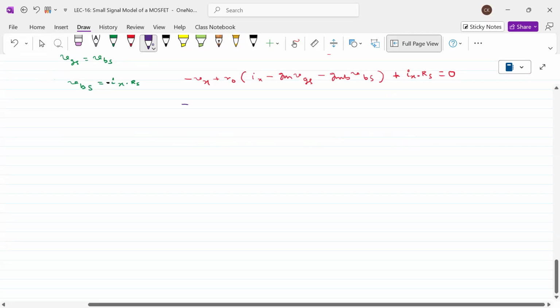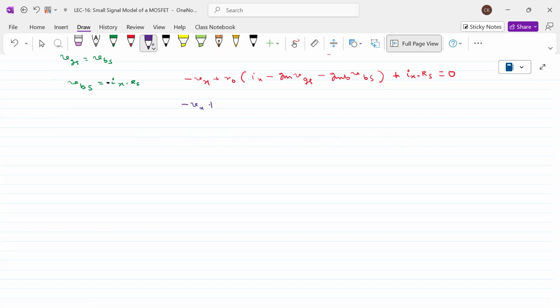Equal to minus Vx plus Ix minus Gm into Ix into Rs plus Gm into Ix into Rs plus Ix into Rs is equal to 0.